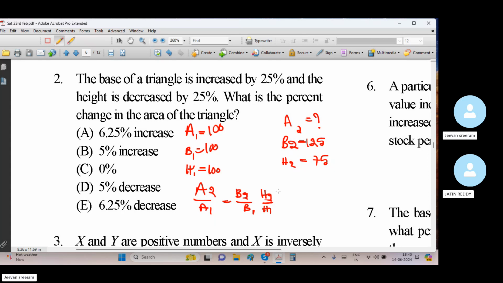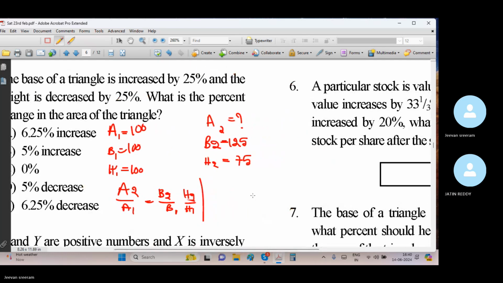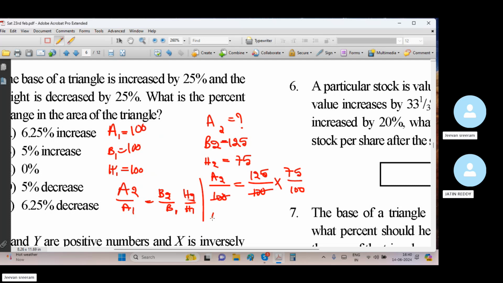We have to find A2. A1 is 100. B2 is 125. B1 is 100. H2 is 75. H1 is 100. 100 got cancelled. 125 by 100 is 5 by 4, because 25 fives are 125 and 25 fours are 100.